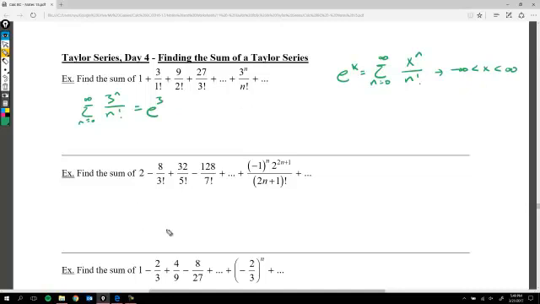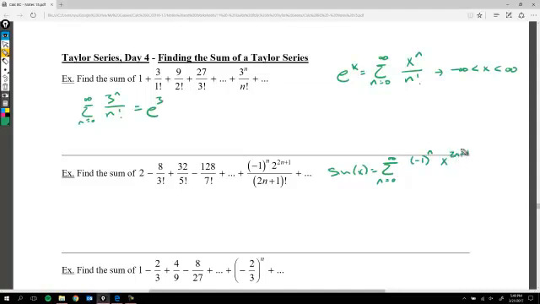Next one. Here, what I'm looking for, again, I see that I'm alternating in sign, and my denominators are all odd factorials, so I know that this is sine. Okay, I know that sine looks like the sum from 0 to infinity of, it alternates, I have x to the 2n plus 1.